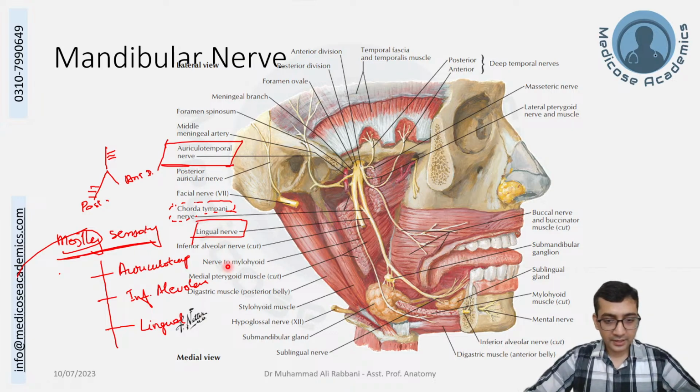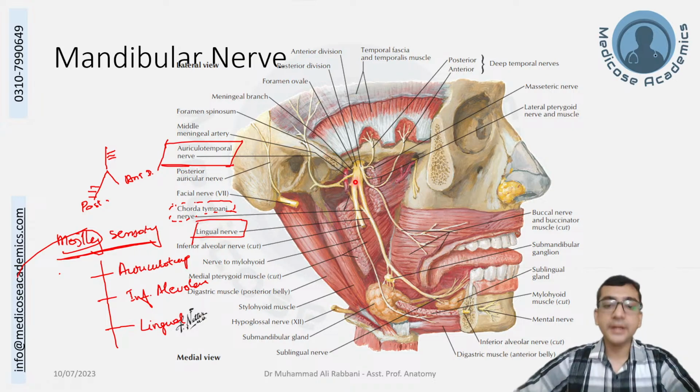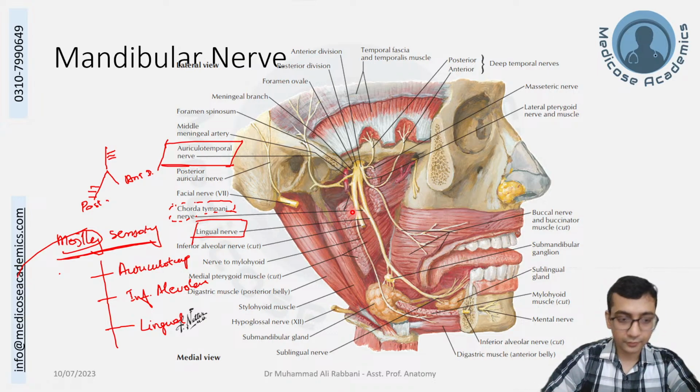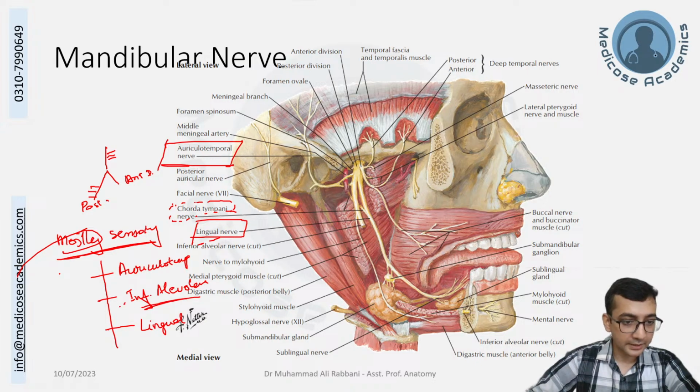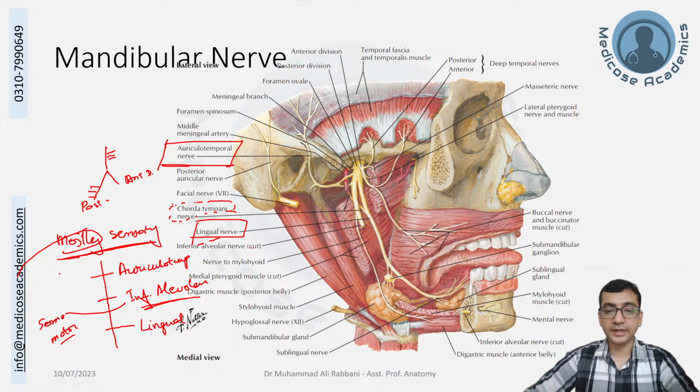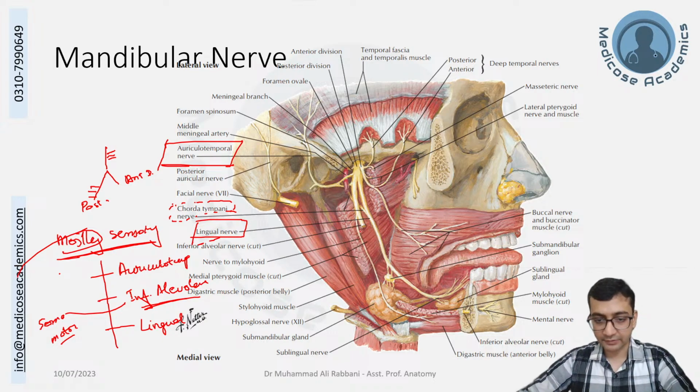We are left with the last nerve, that is the inferior alveolar nerve. This is the only nerve that has some motor component. This motor component separates early on from the inferior alveolar nerve itself.